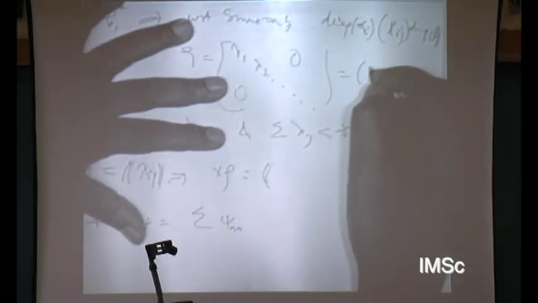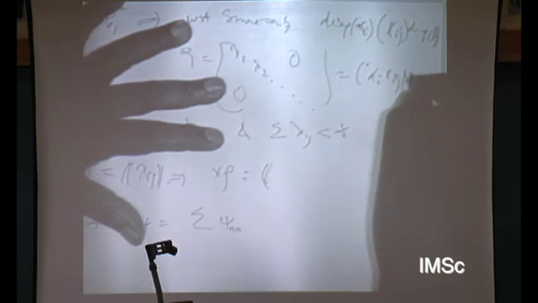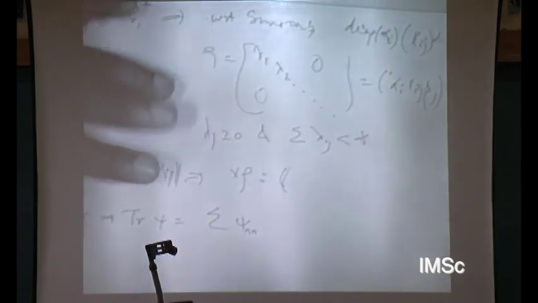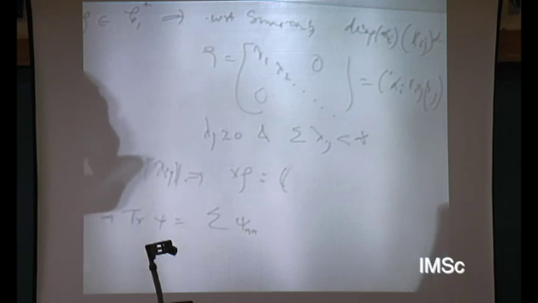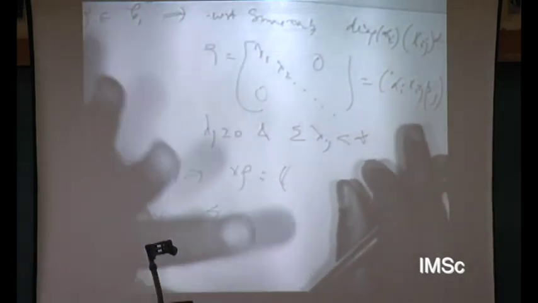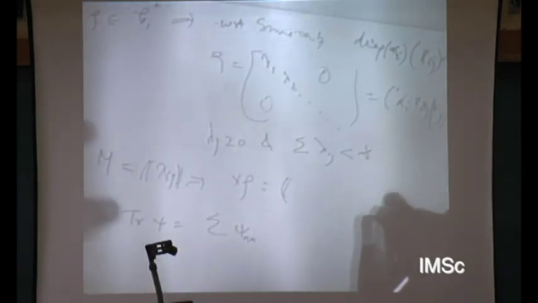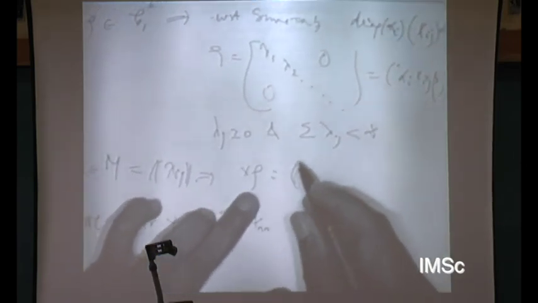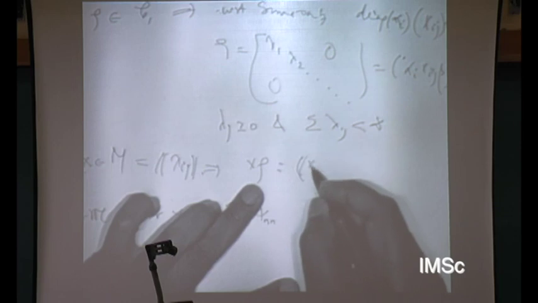The answer will be the matrix alpha i, x_ij, beta j. So please don't tell me all these stories in the future. Tell me the answer precisely. So x rho is going to be the matrix x_ij lambda j.